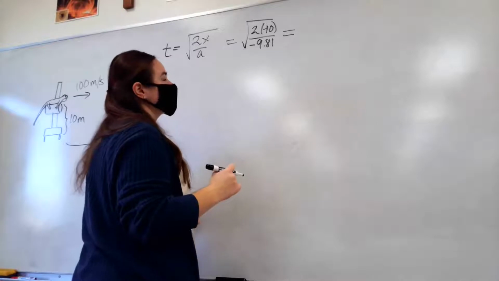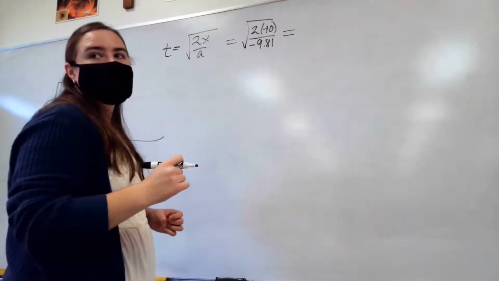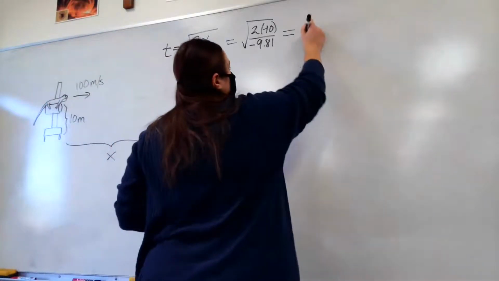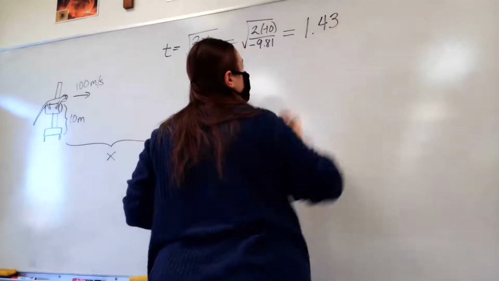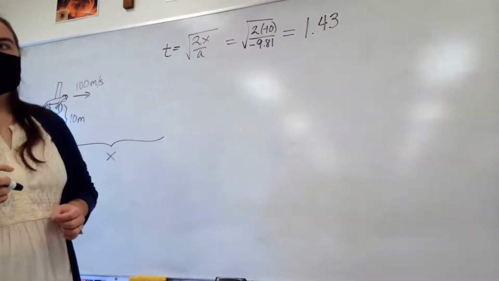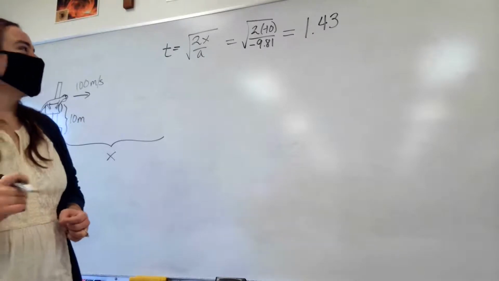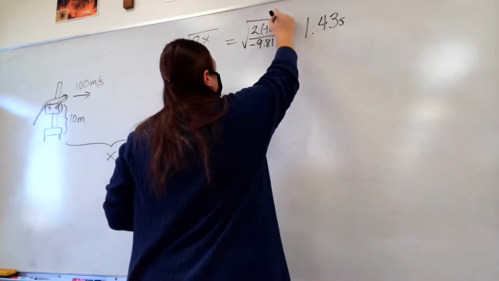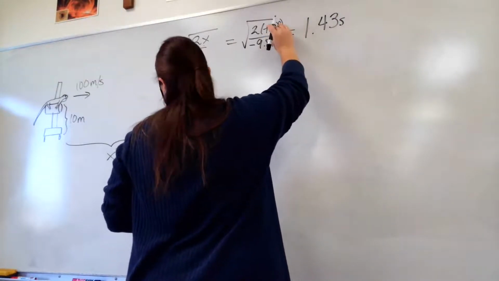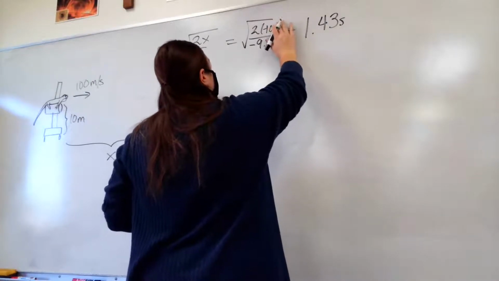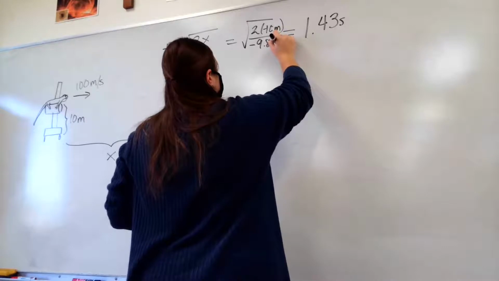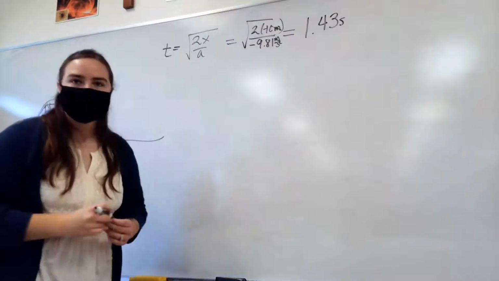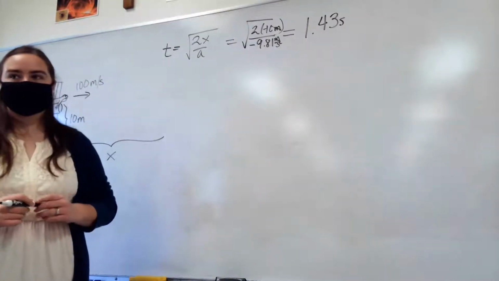Should be really close to 1. 1.4243. And you did square root it? Yes. Just to show that it does work unit-wise, this is meters, not meters per second, sorry. We have meters here, we have meters per second squared. Our meters would cancel out, and the square root is going to get rid of our squared on our seconds, so we would in fact get units of seconds. Good?